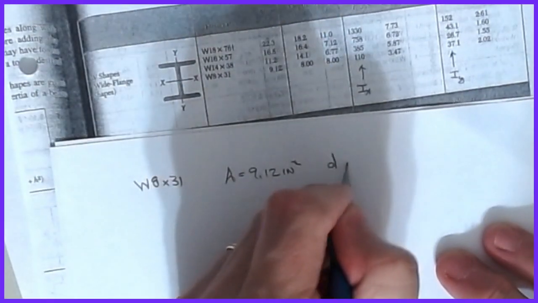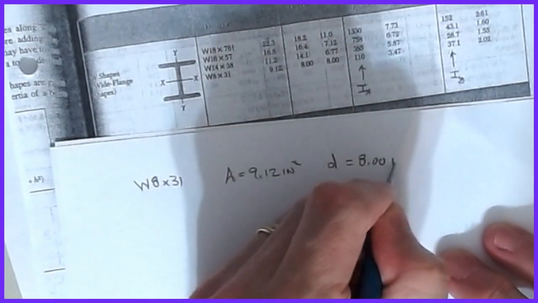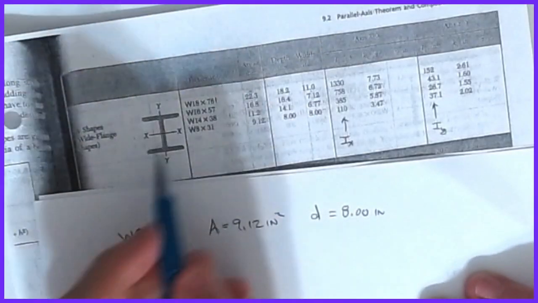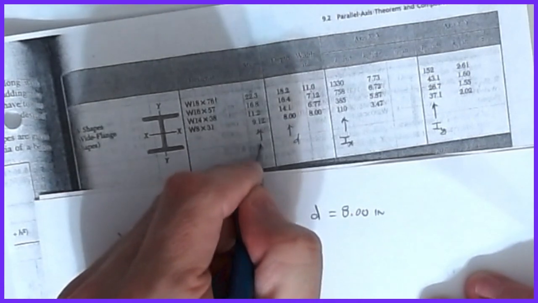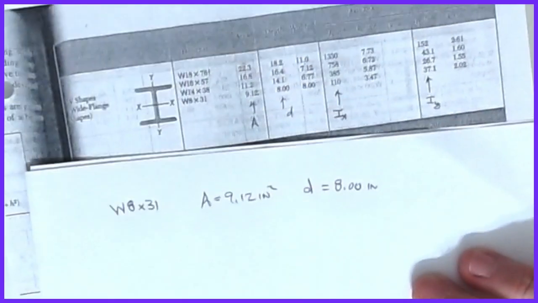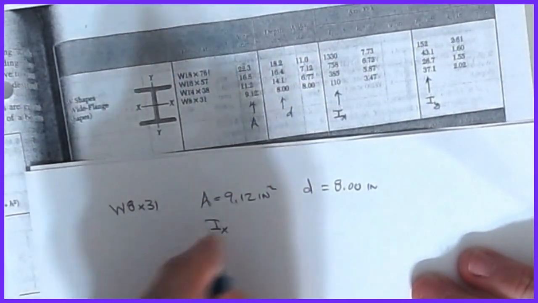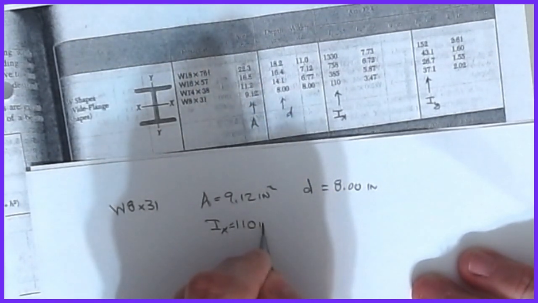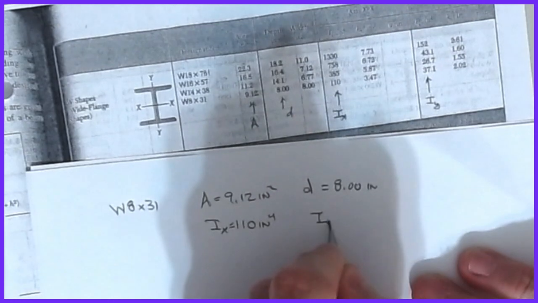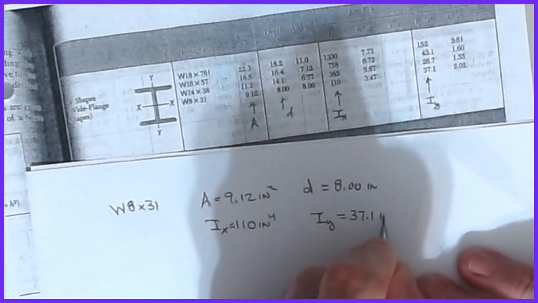I have a depth that is 8.0 inches, and again, I know it's hard to see, but that's what these headers are. So this is my depth, and this is my A associated with that, and then my Ix for this is 110 inches to the fourth, and my Iy is 37.1 inches to the fourth.